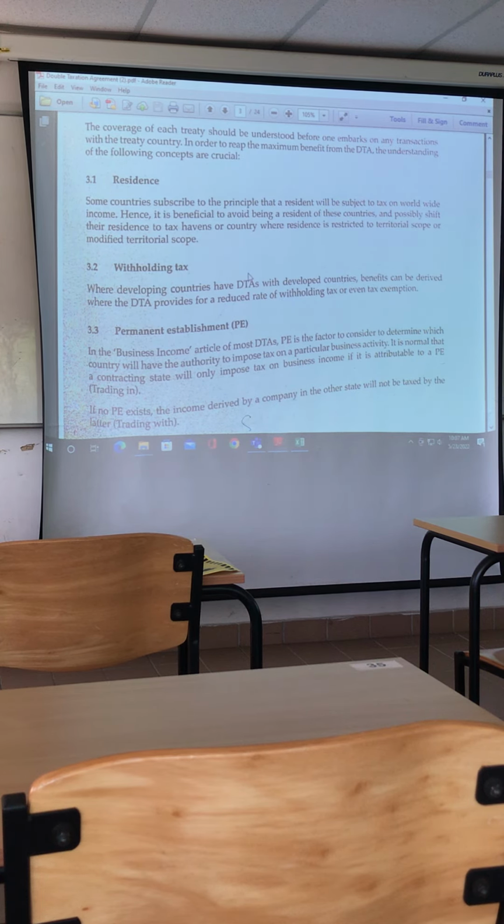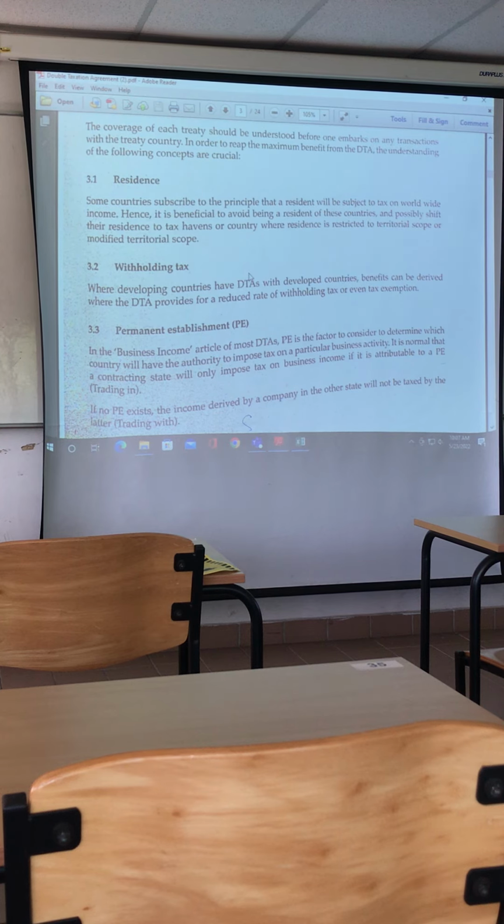Withholding tax: where developing countries have a DTA with developed countries, benefit can be derived where the DTA provides for a reduced rate of withholding tax or even tax exemption. Remember that when we had the topic on withholding tax previously, we said the royalty tax is 10%.